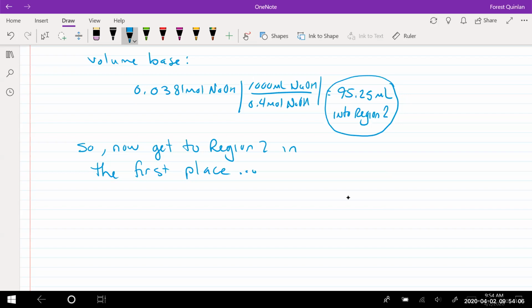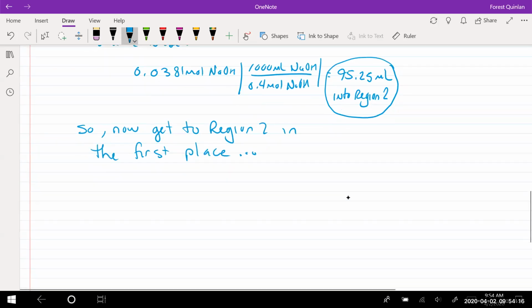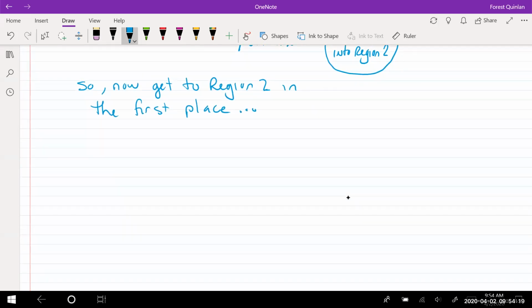Add enough base so that it neutralizes the first H plus in each of the molecules. And how do we get that? M1V1. That is correct. So use M1V1 equals M2V2 to get endpoint volumes, just like normal.